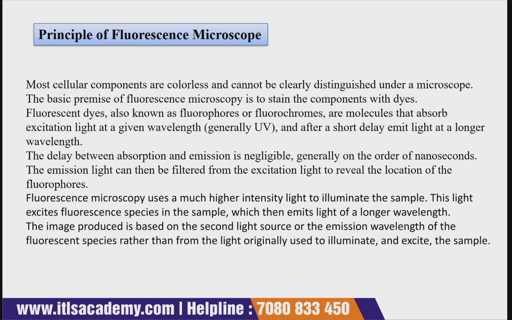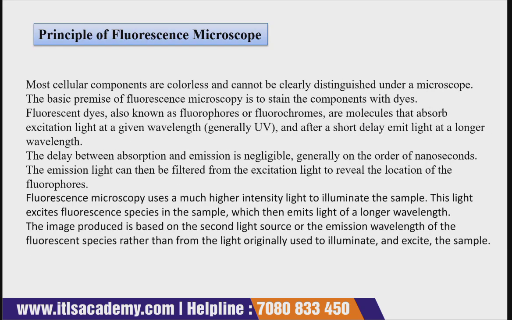So the image that is produced is based on the second light source, the emission wavelength of the fluorescent species, rather than the light originally used to illuminate and excite the sample.